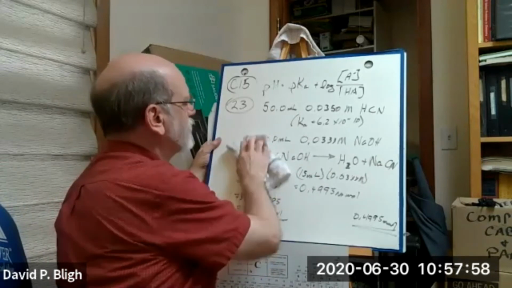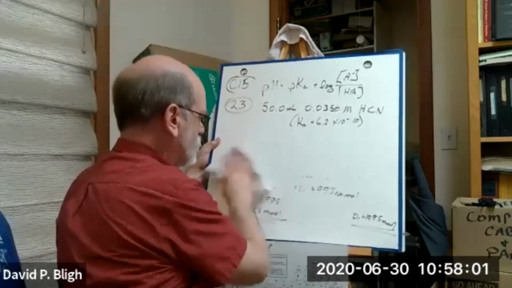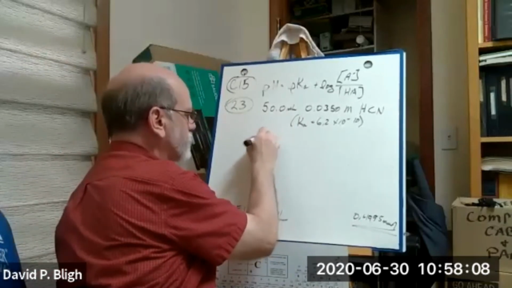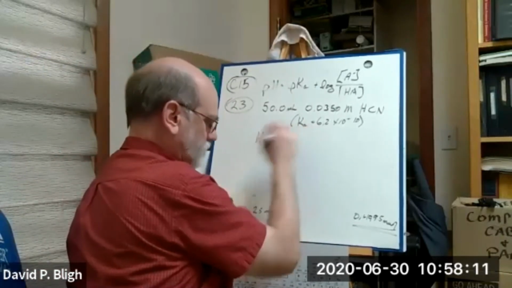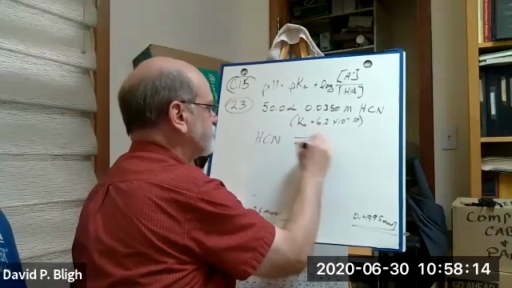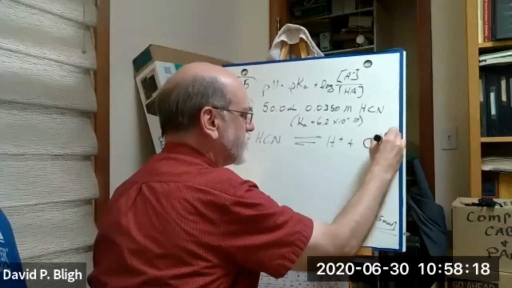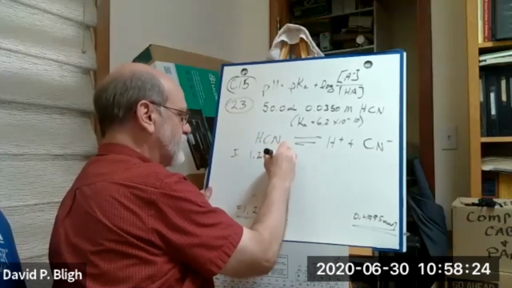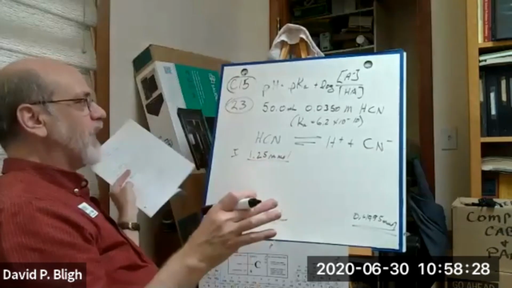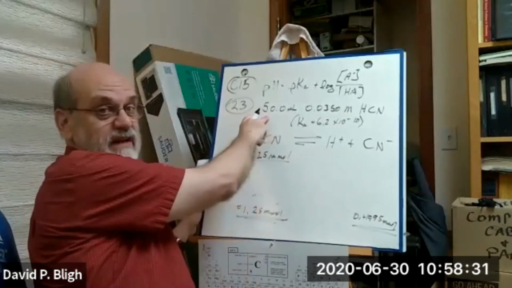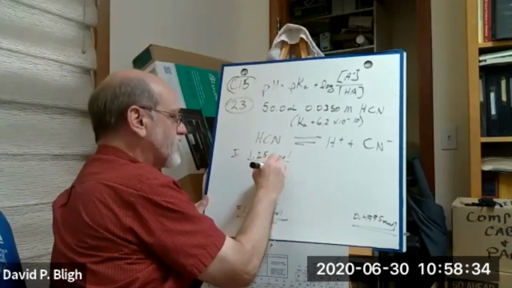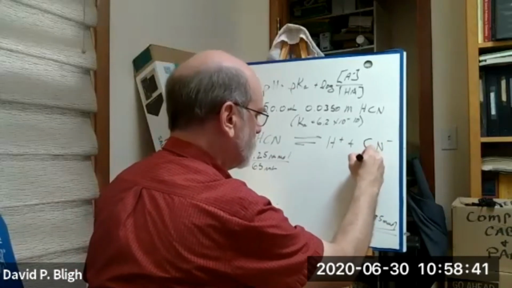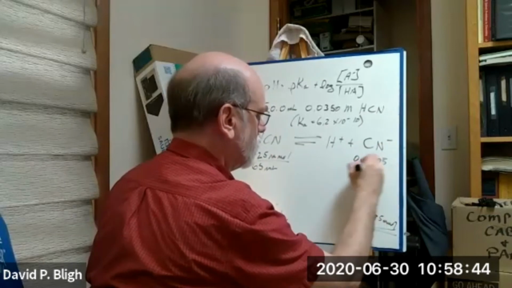So in that case, we need to keep these concentrations. And we're still going to have this reaction producing that plus that, and the initial concentration here is 1.25 millimoles divided by, what's the total volume? 15 plus 50 is 65 milliliters, and the total volume here is the same volume, but the concentration is different, divided by 65.